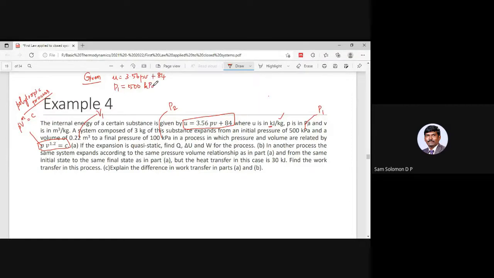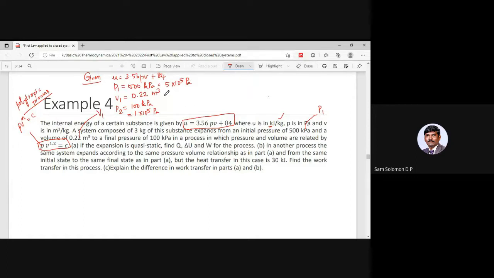It is always good to write it as 5 into 10 to the power 5 Pascal. 10 to the power 3 for kilo, and there are another 2 zeros over here, so 5 into 10 to the power 5 Pascal. Volume V1 is 0.22 meter cube. Pressure P2 is 100 kilopascal, which I can write as 1 into 10 to the power 5 Pascal. Let me erase this.